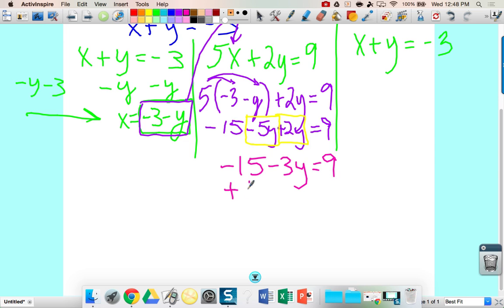Alrighty. Remember, we can't add a variable to another number and get some new number. That's not possible. We don't know what that variable represents. So you have to move this 15 over.